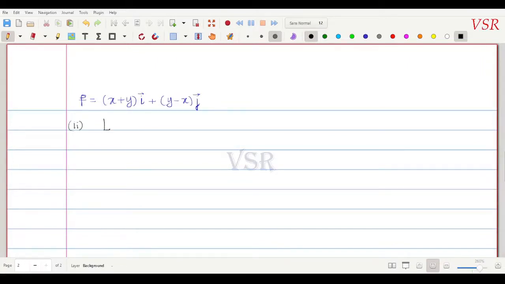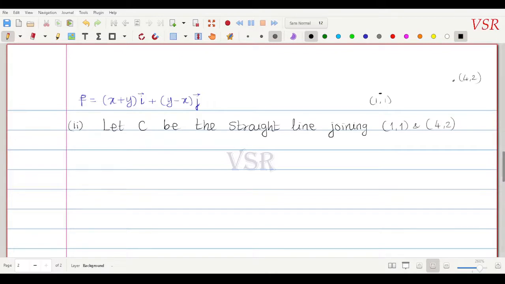How will this straight line look? Suppose this point is (1,1) and this point is (4,2). I am going to take this straight line.